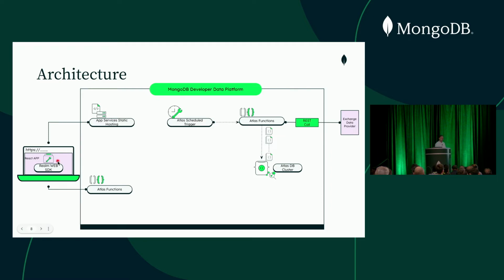So, for example, on the client side, you can execute some Atlas functions and process the data in the front end. So this is our high-level architecture, and in the next section, I will look into all of the components here.